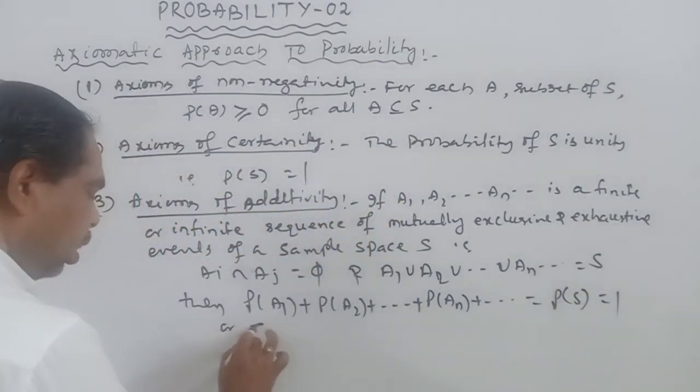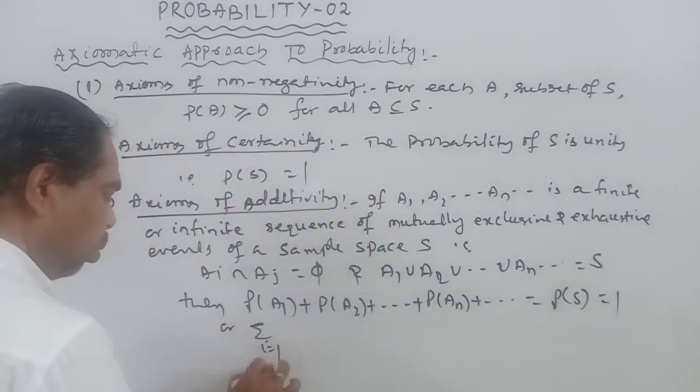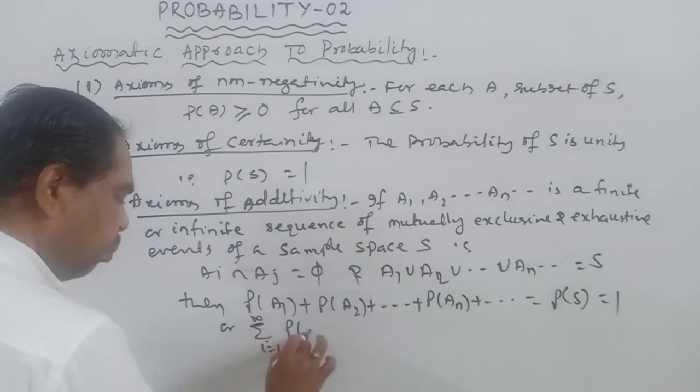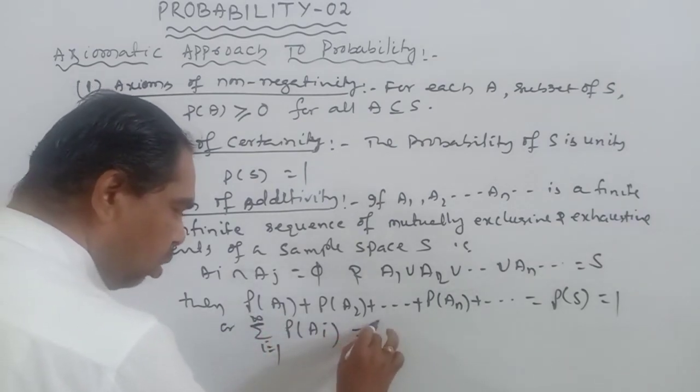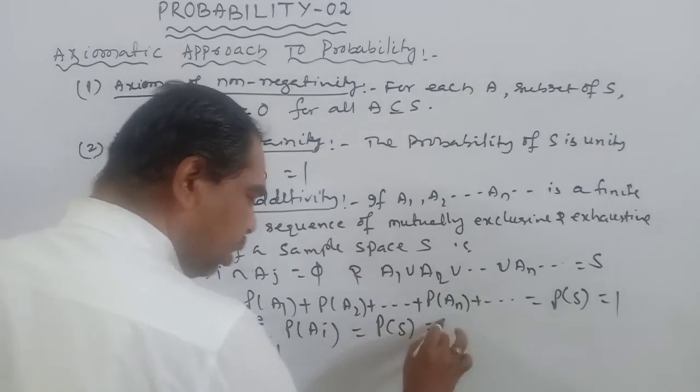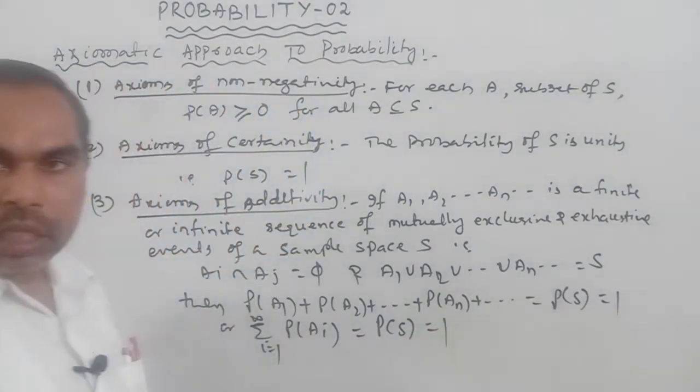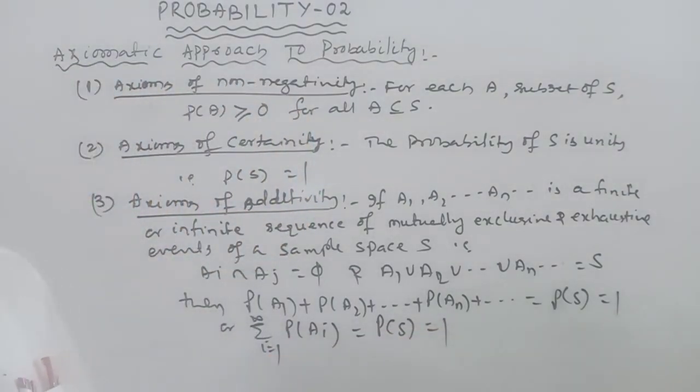Or summation i equal to 1 to infinity P of Ai is equal to P of S is equal to 1, meaning the sum of the probabilities is always equal to 1.